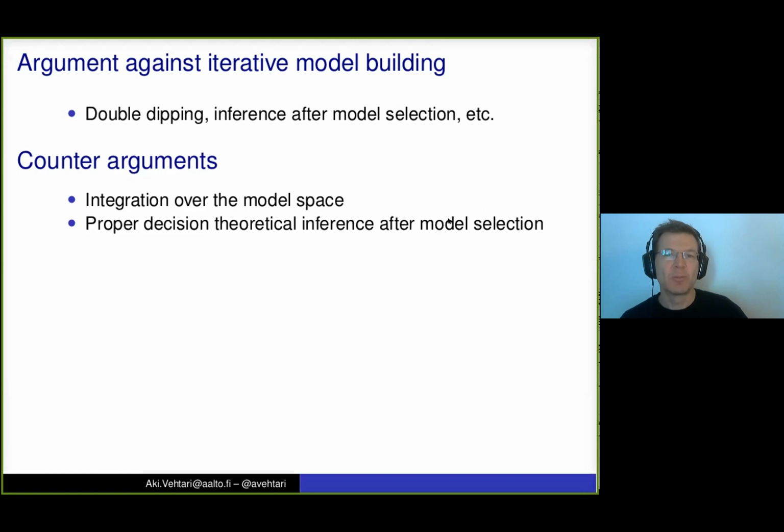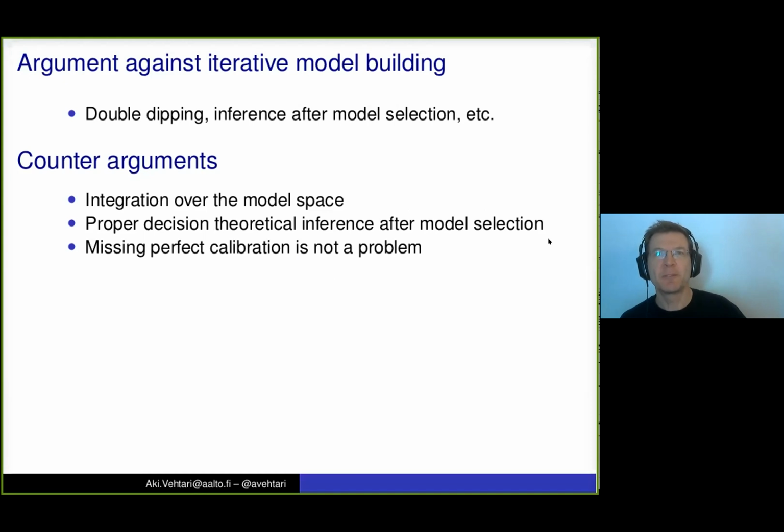We also know there's a proper decision theoretical approach for making inference after model selection. So that's also covered. It adds a bit more complication, but it's doable. Missing perfect calibration is another problem. If we don't have too much of the using data more than once problem, if it's just slightly making our inference miscalibrated, that's not a problem, because perfect calibration happens only in simulated toy problems.